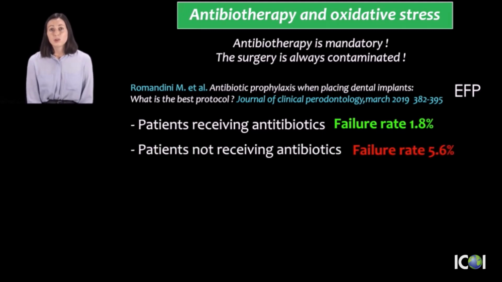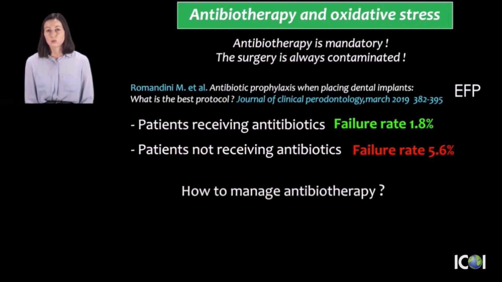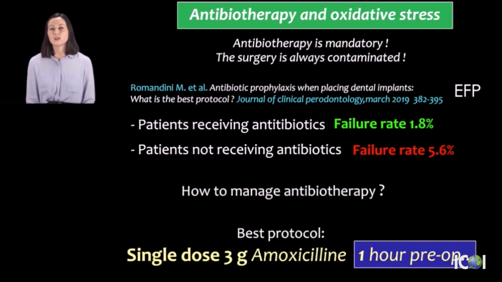But see, when we don't give them antibiotics, the failure rate goes up to 4 to 5 times. So what should we do? How to manage the antibiotic for small surgery? The best is to give them 1 single dose of amoxicillin, 3 grams, 1 hour before the surgery.